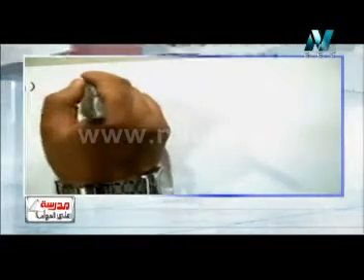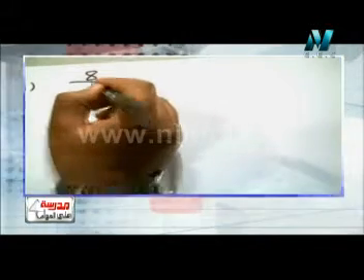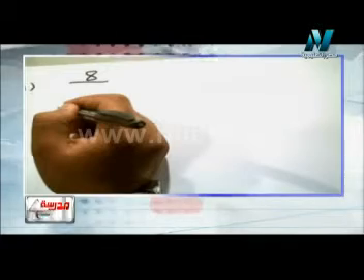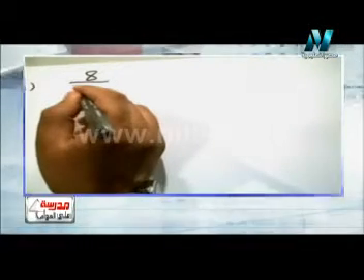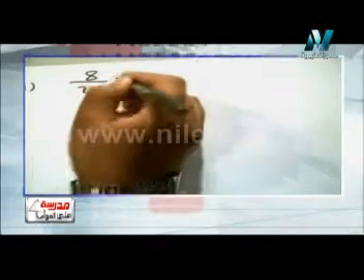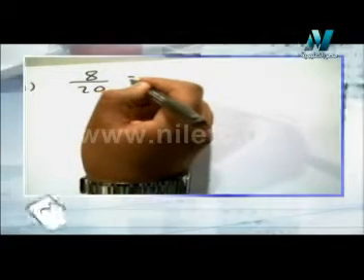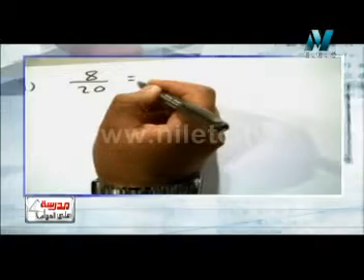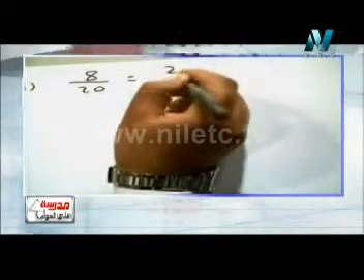How many white balls? 8. Then 8 over the number of total balls. Total balls 8 white and 12 red, then 20. But 8 over 20, and we can put it in the simplest form, equal 2 over 5.